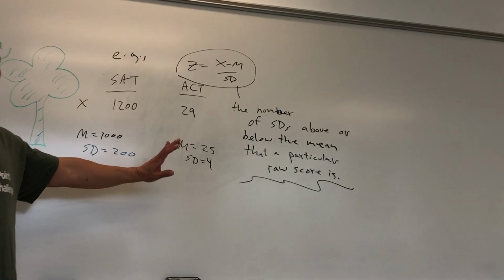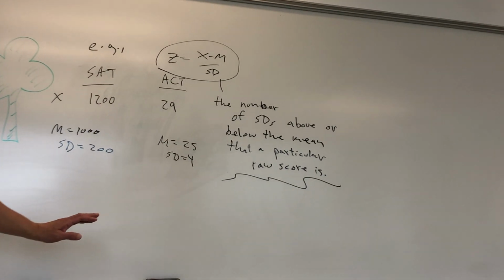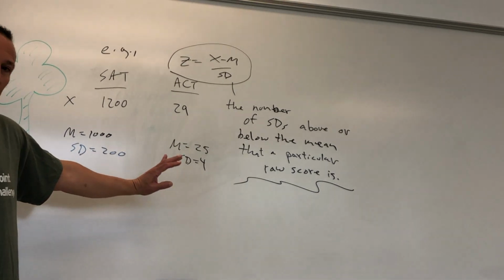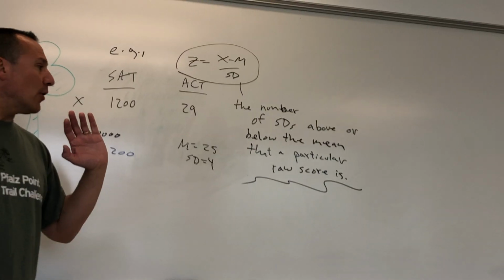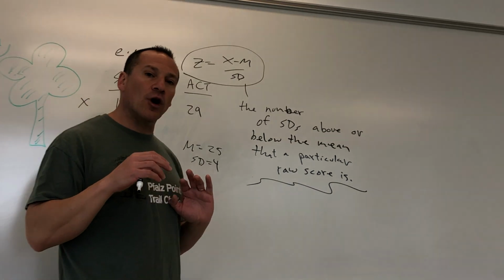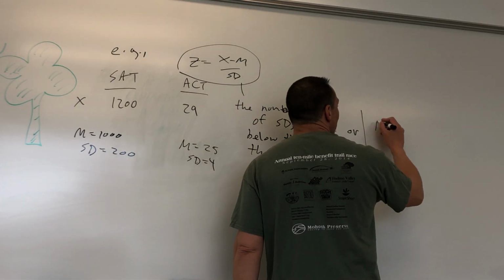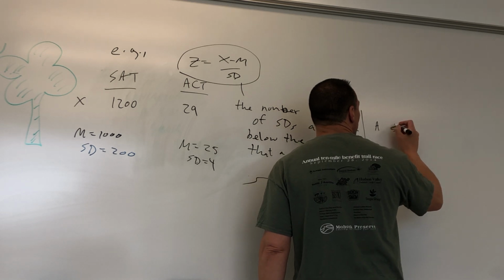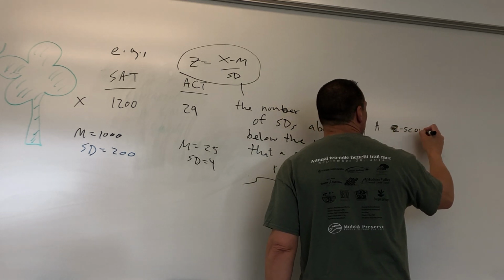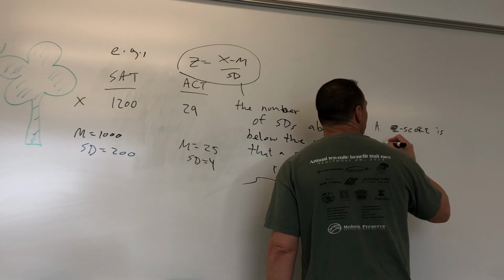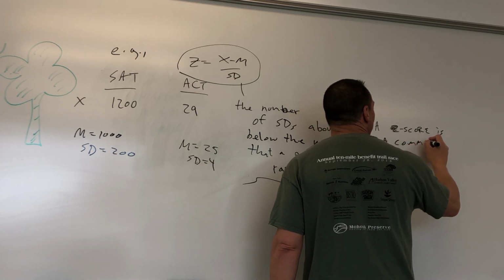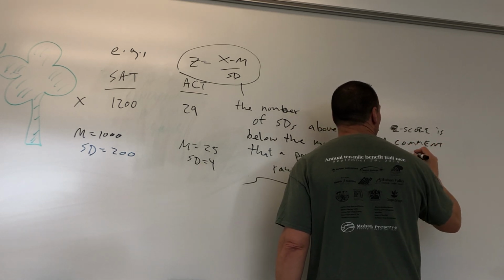So this is probably written almost exactly as it's written in the textbook, by the way. The number of standard deviations above or below the mean that a particular raw score is. Thus, a z-score can be thought of as a comment on a raw score.